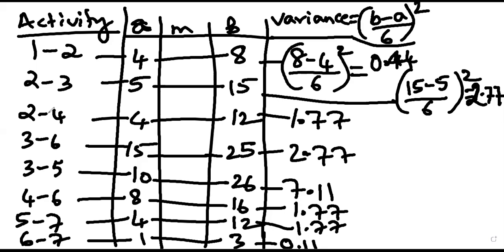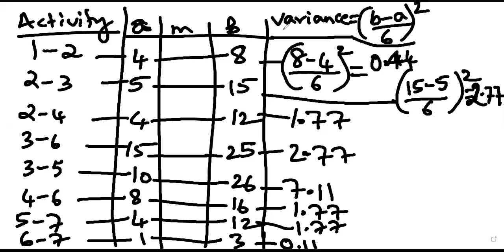Did I make the point here? First, we are supposed to list all the critical activities, and also we have to list their variances, and then we have to sum it up. That will be the variance of the project. Similar to what you have done for the previous example, where you only listed the estimated project activity durations and then added them up.